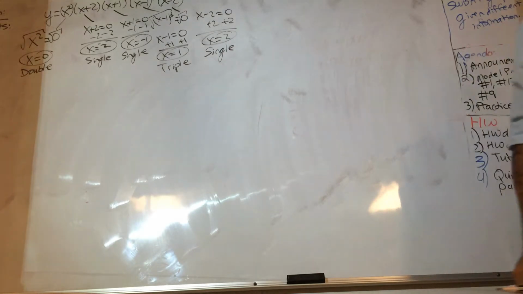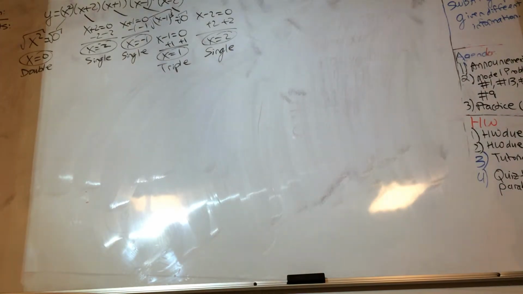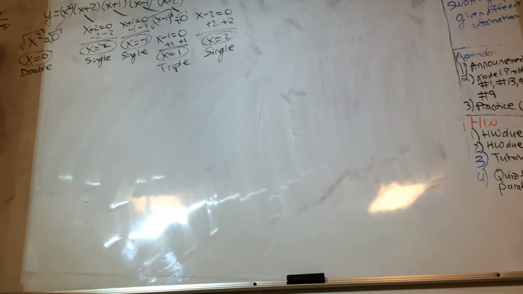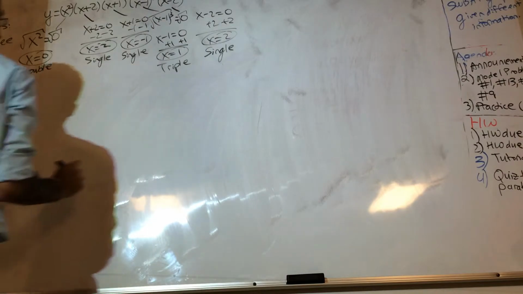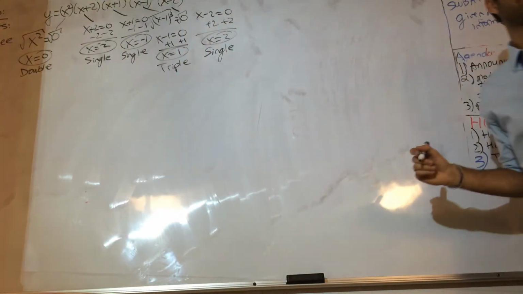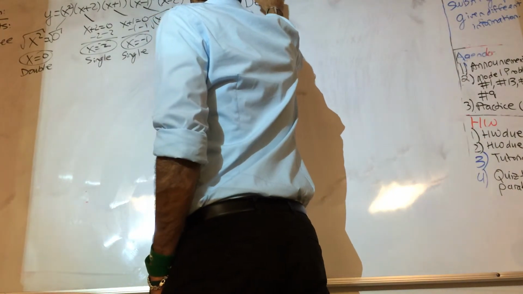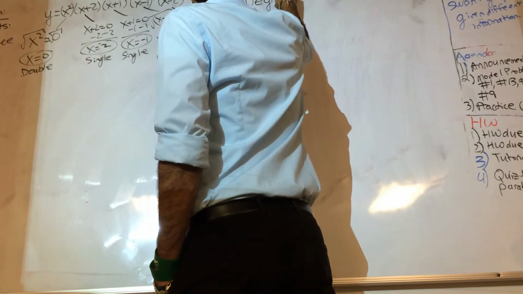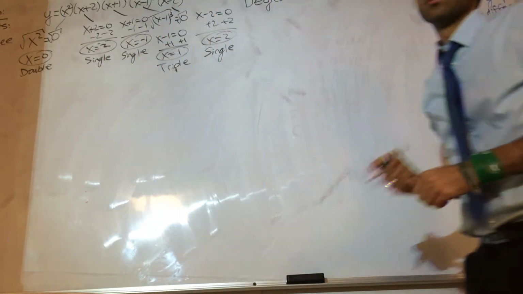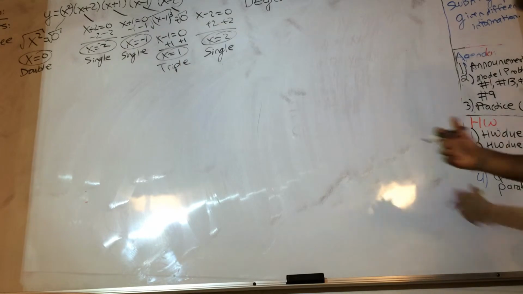Here's what I've got for the roots. Some people might agree. And again, if you're good with the roots, remember that the next thing you need for the sketch is the degree. And then you need the leading coefficient.